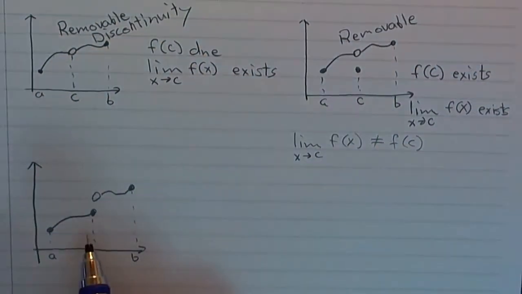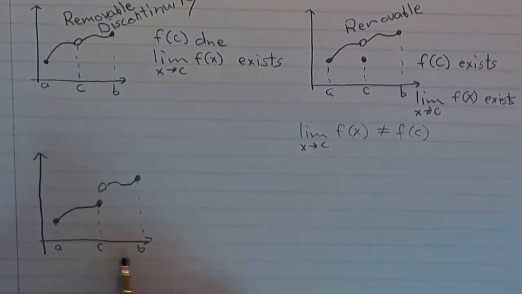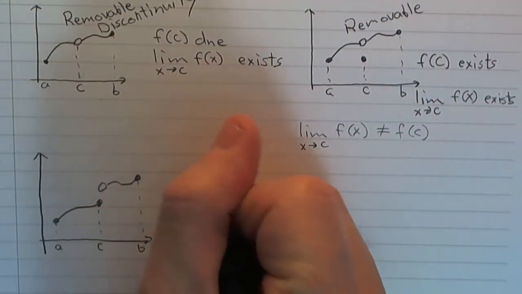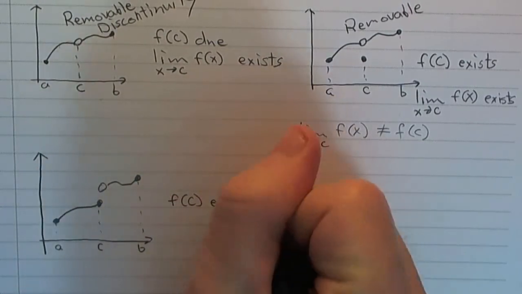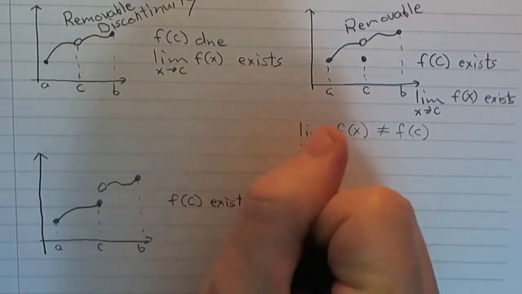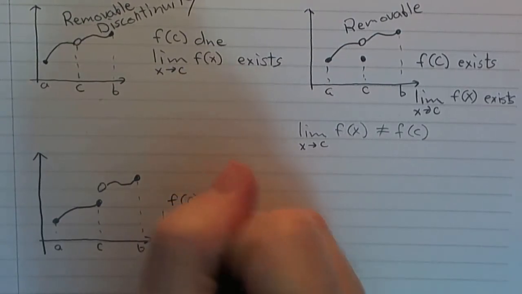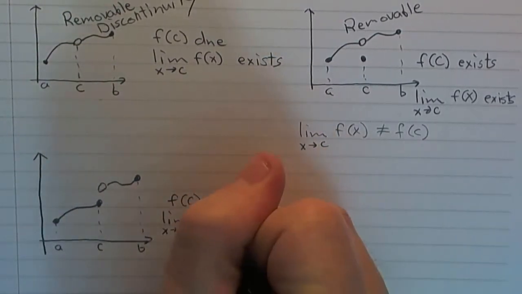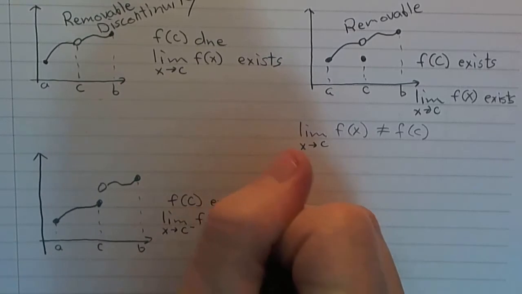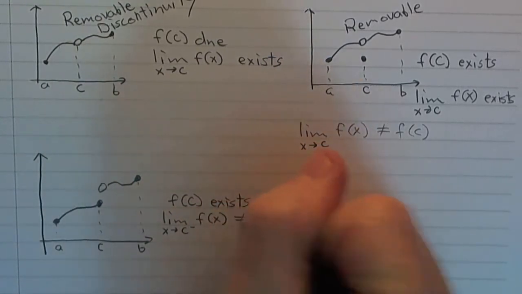Well, this one is a little bit different because notice that f of c exists. However, the left-hand limit is different from the right-hand limit.